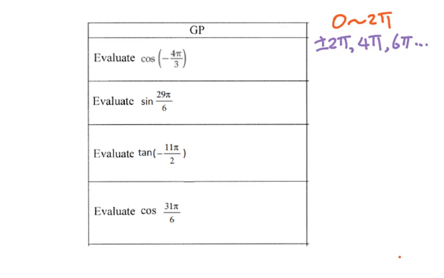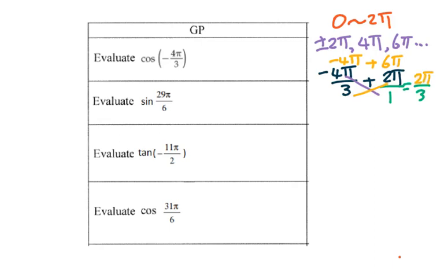Therefore, for negative 4 pi over 3, I need to add 2 pi. Then we do over 1, and a denominator multiply will be 3. Then we do cross multiply. Here you go get negative 4 pi. You got the 6 pi. Therefore, you got the 2 pi.